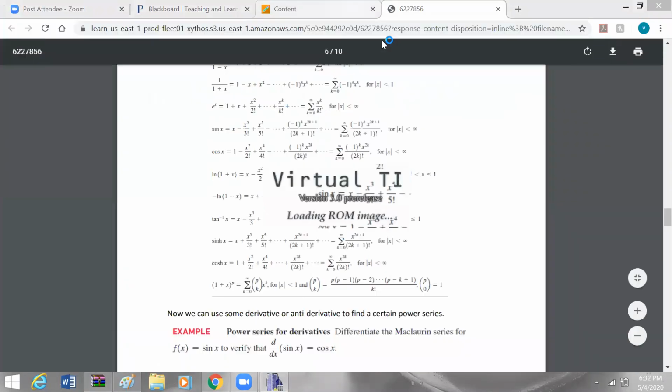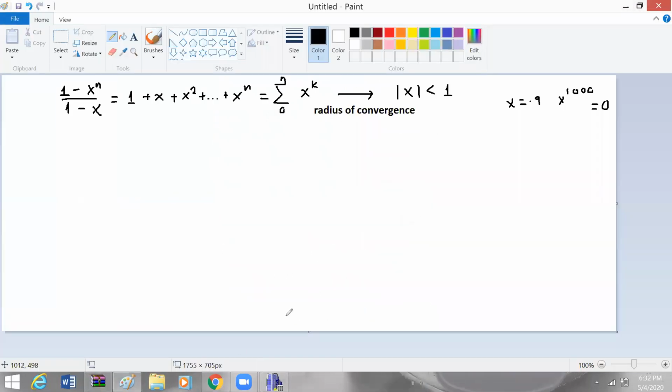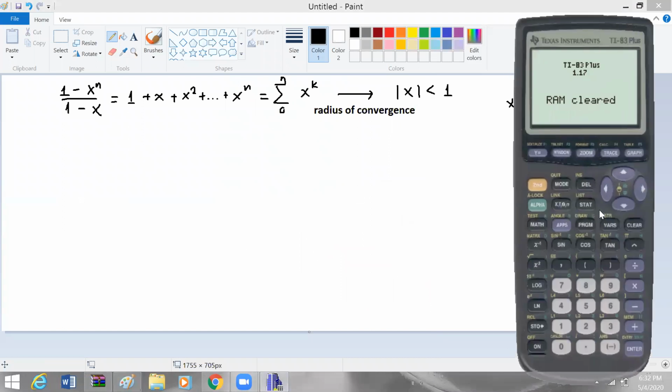Let me just show you on a calculator and see how it looks before we start the questions. So let me take 0.99 and raise it to the 1,000 power. So I almost got 0, right? So the number is really, really small. When n becomes really, really big, whenever x is less than 1, this term goes to 0.